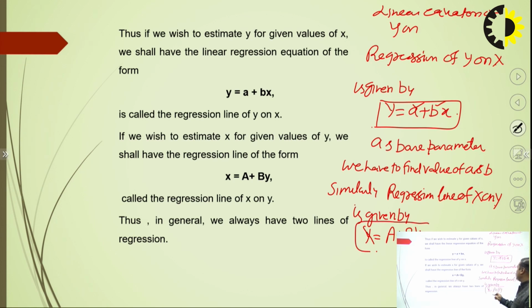There are two equations, y is equal to a plus bx, and another is x is equal to a plus by. These are similar equations, but if x is known, to calculate y, we have to use equation 1.